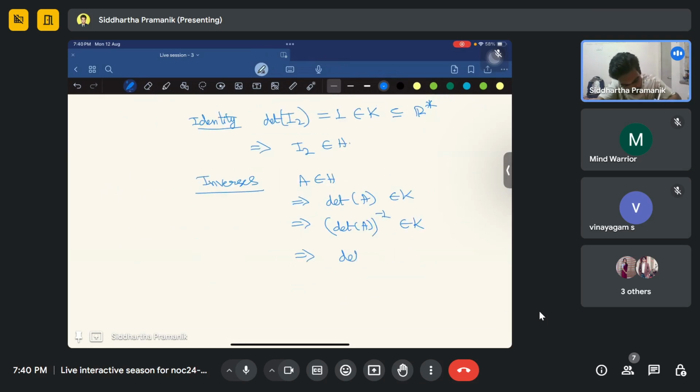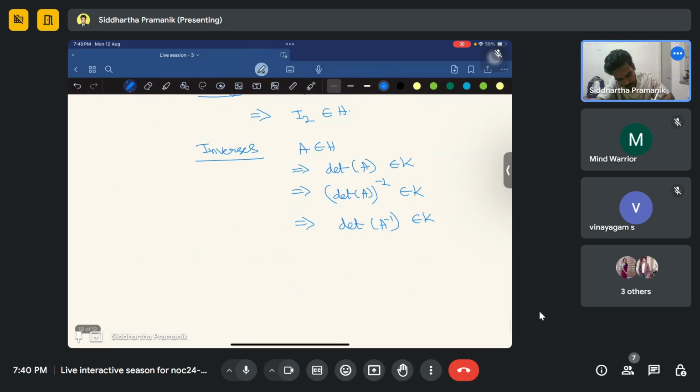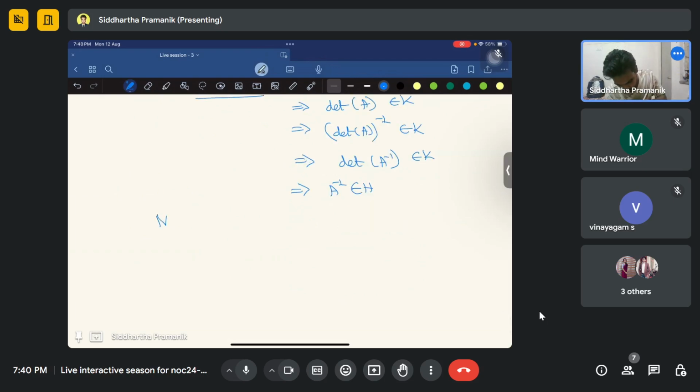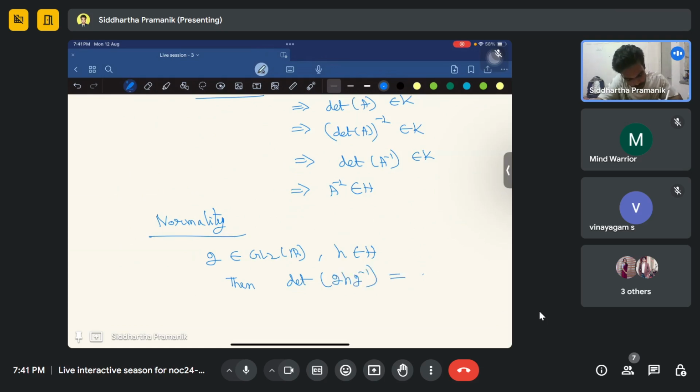So this is equal to the inverse of determinant of A, and it is in K. So this implies A inverse is in H. Now for normality, let G belong to GL2R and h belong to H. Then the obvious fact is the determinant of G h G inverse is the same as the determinant of h itself, and it is in K.